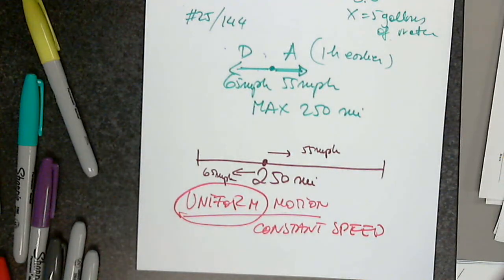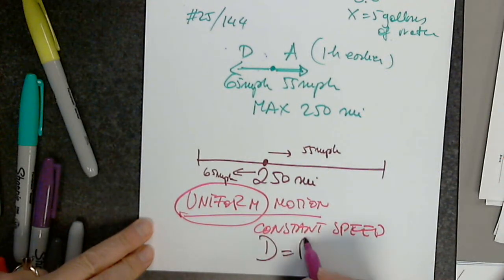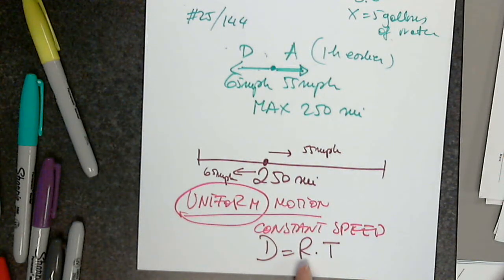But assuming this is possible, the distance equals rate times time if no acceleration or deceleration is involved. So assuming I have a mechanism in which I start at 55 miles an hour. So D stands for distance, R for rate, T for time.